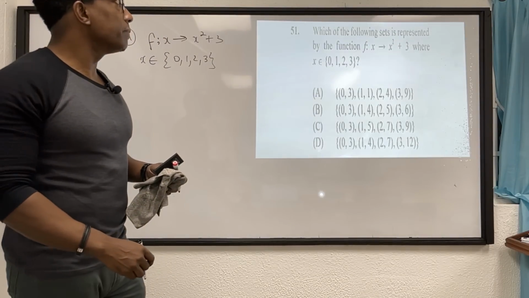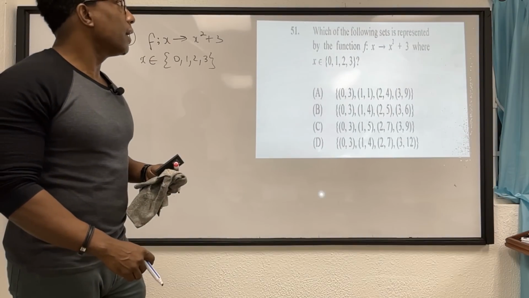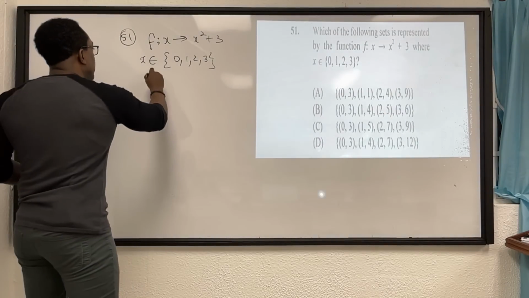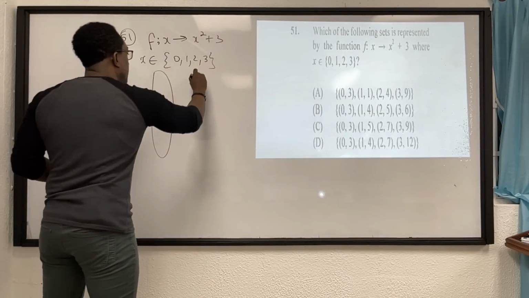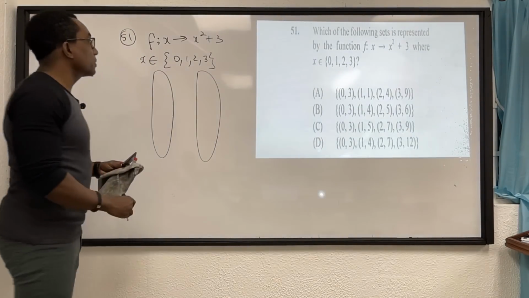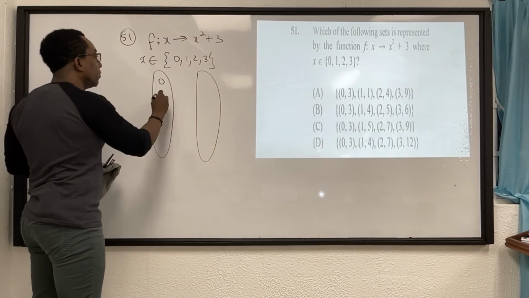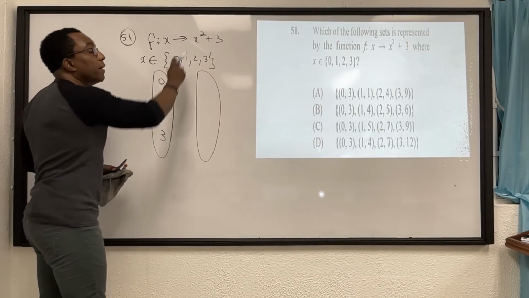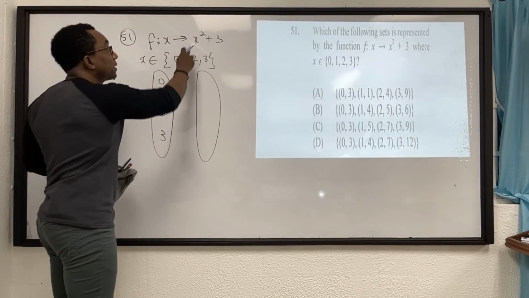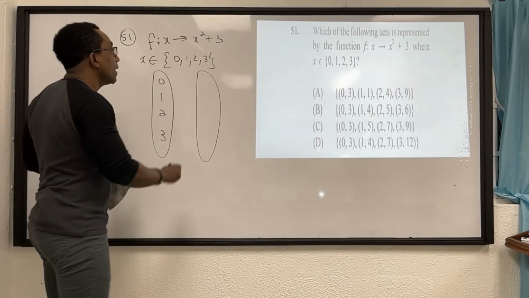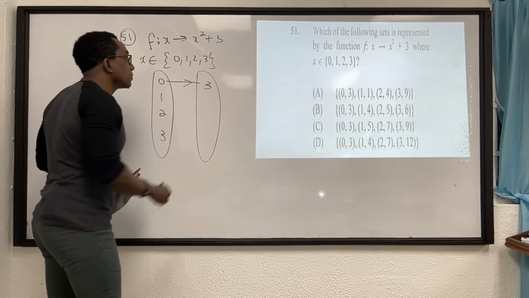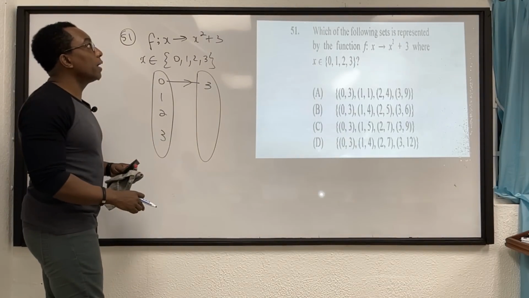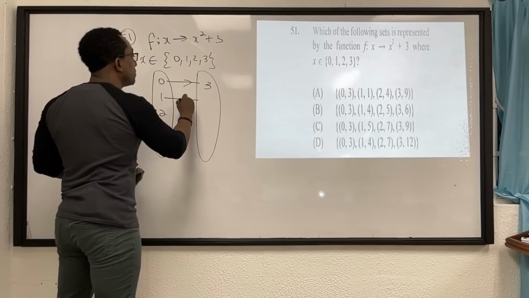So for us to determine which of the following sets will represent the function given, we can simply use a mapping diagram to assist in this regard. We have 0, 1, 2, 3. And when we substitute 0 into our function for x, 0 squared is 0, and 0 plus 3 will give me 3. So 0 is mapped onto 3. 1 is mapped onto 1 squared is 1, 1 plus 3 gives me 4.